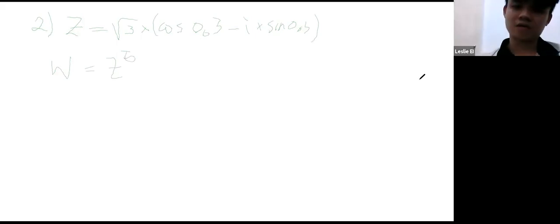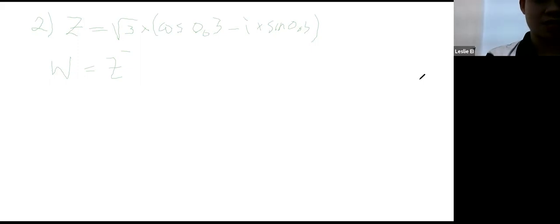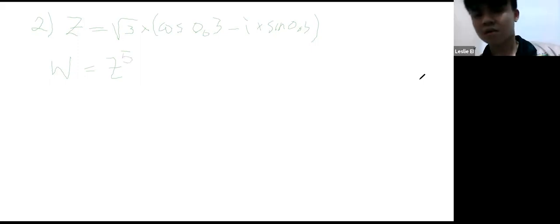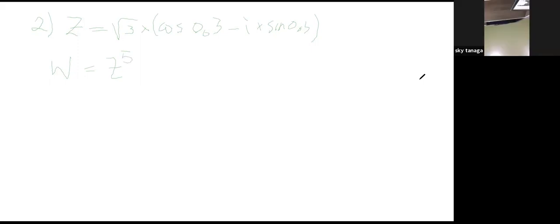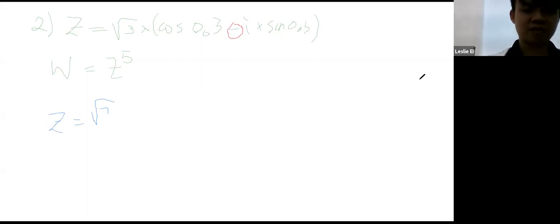So let's say W is equal to Z to the power of 5. So how am I going to solve it? You have to pay attention here. You see the cos and the sine, there's a negative sign in there. So we have to fix it first. Fix it as in, if you pay attention when I taught just now, I told you it's coming from a negative angle.